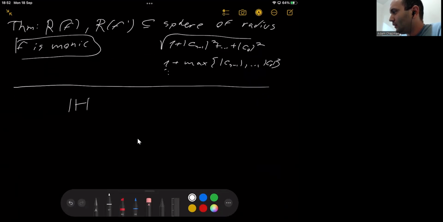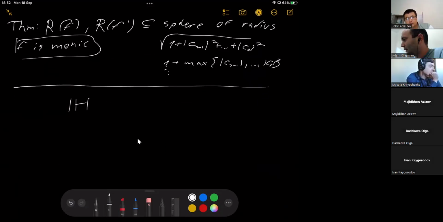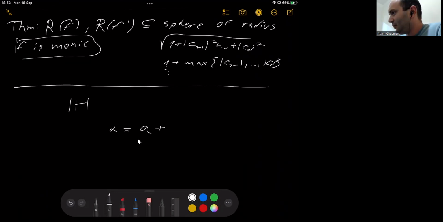So when you have an element alpha, it has a trace and a norm. The trace is actually 2 times the real part of alpha, and the norm is basically the Euclidean norm, right?